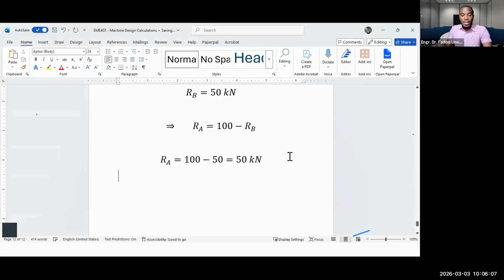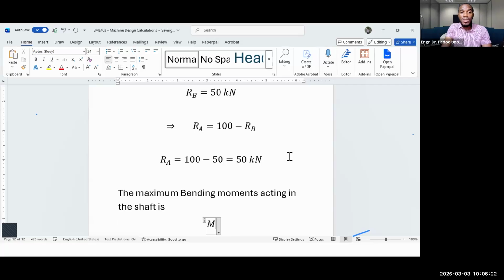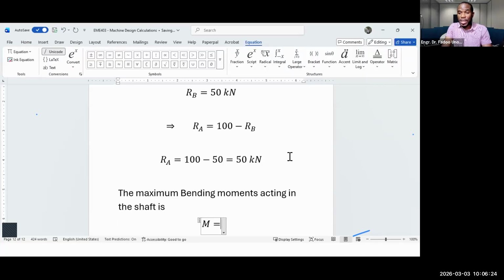We can say that the maximum bending moment acting in the shaft is M equals, now again, you don't need to take the minus. We're not concerned about the direction.